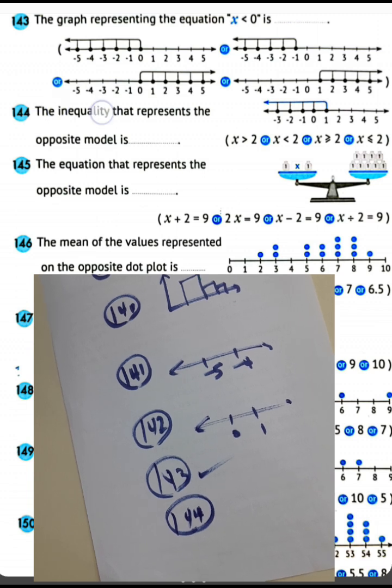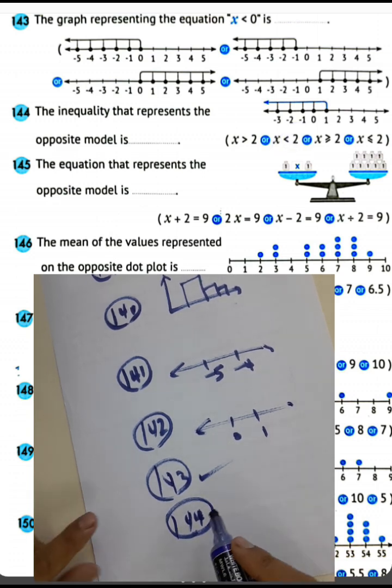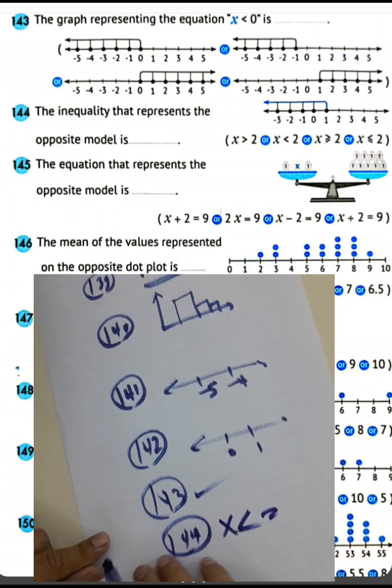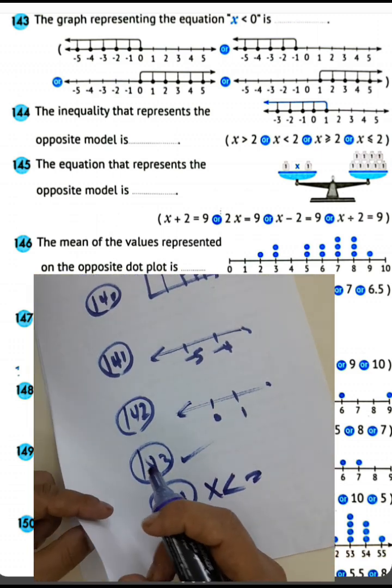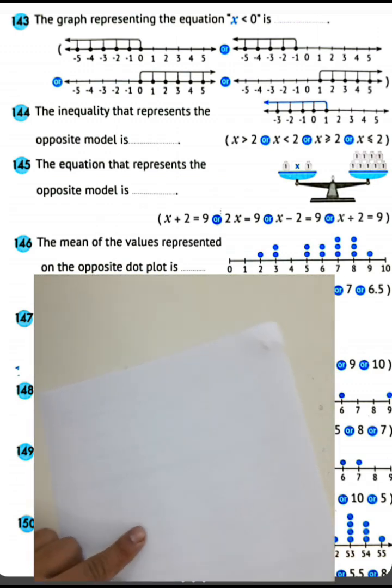Question 144. The inequality that represents the opposite model is what? x less than or equal to 1, or x less than 2. x less than 2. Okay. Next question.